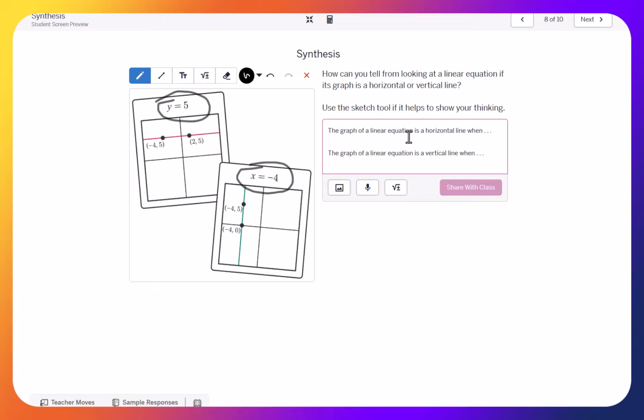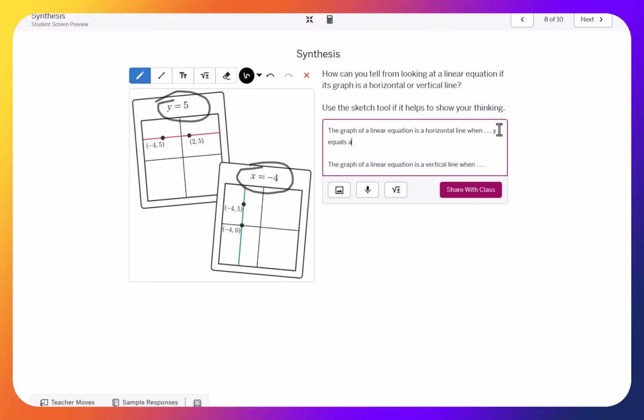Well, the graph of a linear equation is a horizontal line when y equals a number. And that number would be where the line passes through the y-axis. The graph of a linear equation is a vertical line, like this green one, when x equals a number. And that number would be where the line passes through the x-axis.